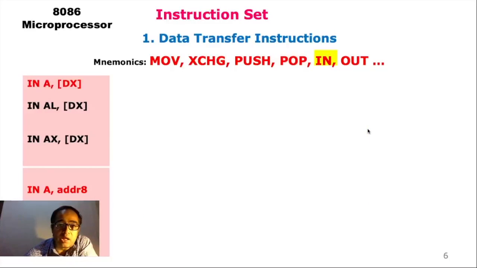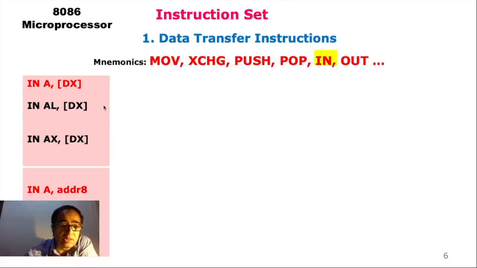Now IN and OUT are two basic categories of data transfer instruction, where you are communicating with the ports, that is the input and output ports. As you can see here, the DX register holds the port address. The content is copied into AL, that is 8-bit, and into AX for 16-bit.